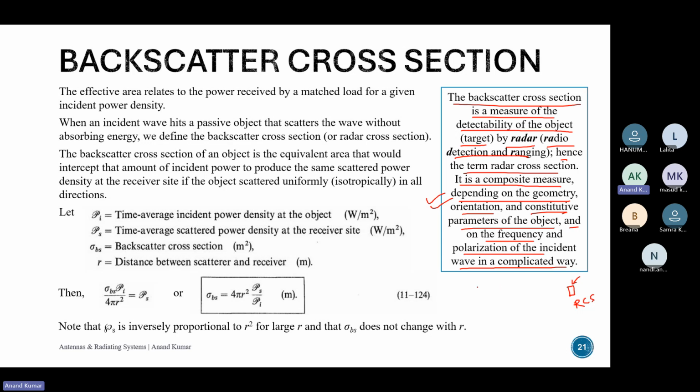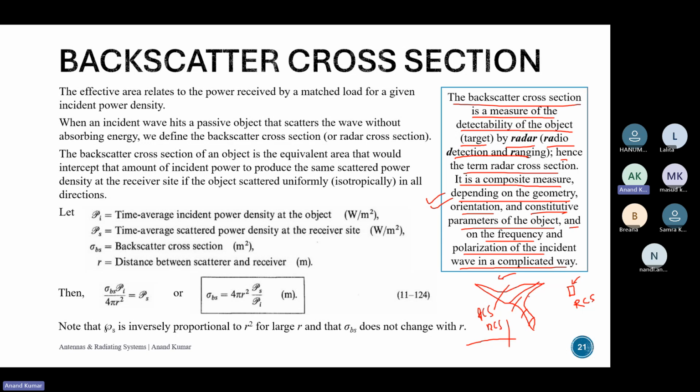For example, if it is some sheet-like thing, if it is spread across so it has a larger area, it could mean it has a higher RCS. But if you change its orientation such that the incident wave is not incident on the greater area, then its RCS would be reduced.